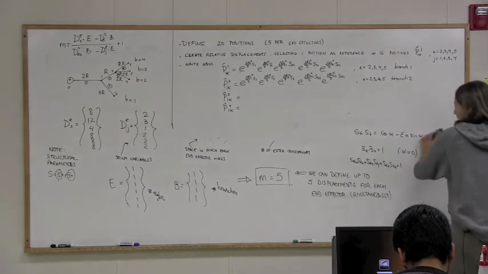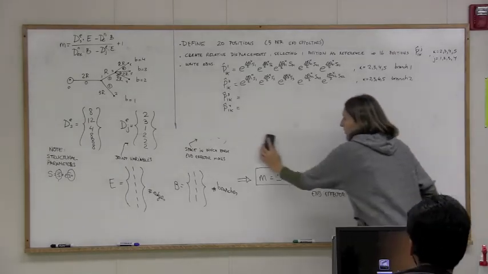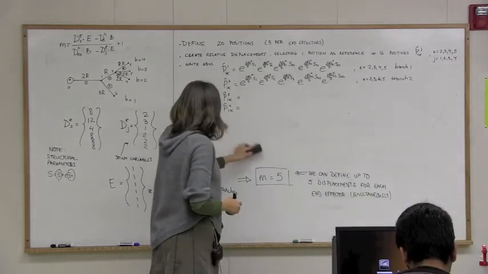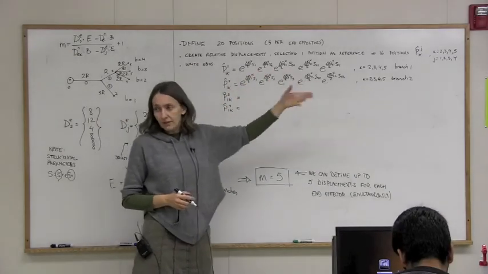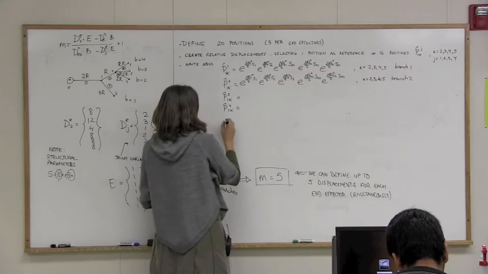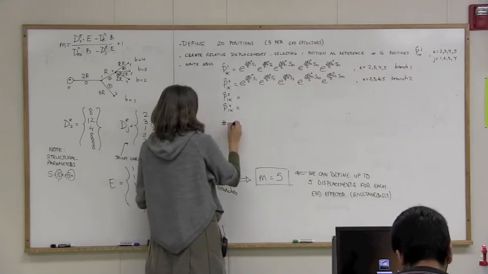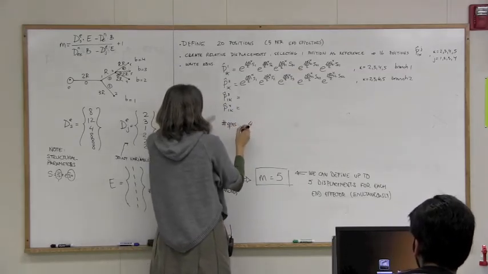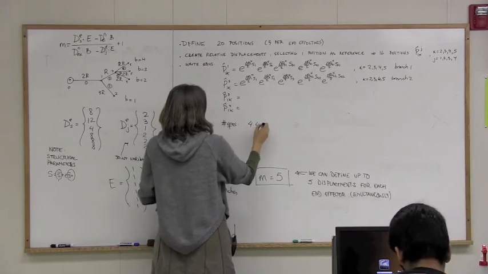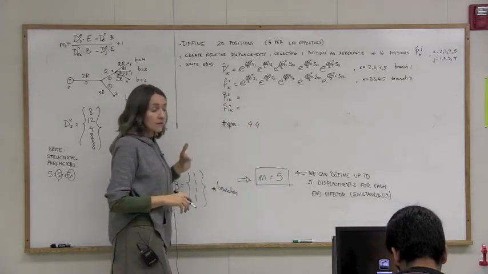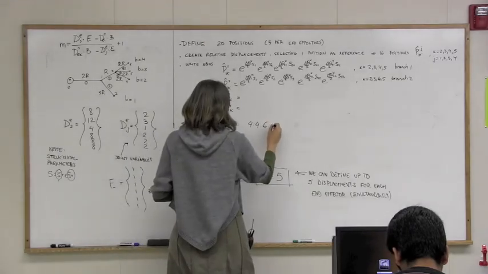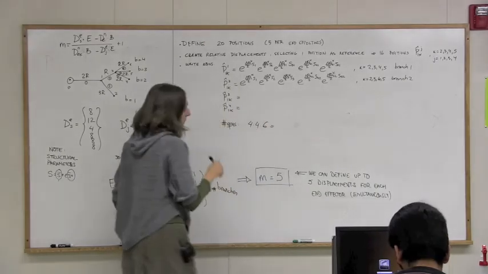If we don't, then that's the whole system, which is as big as 4 times 4, 16, right? So number of equations are 4, because we have 4 branches, times 4 for each, times 6 components independent for each of them, whatever that is.